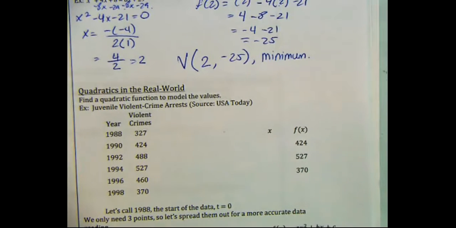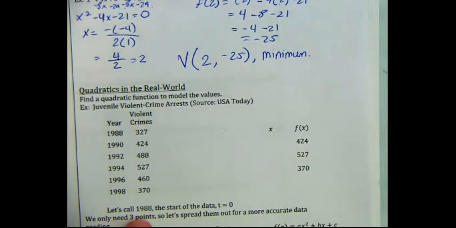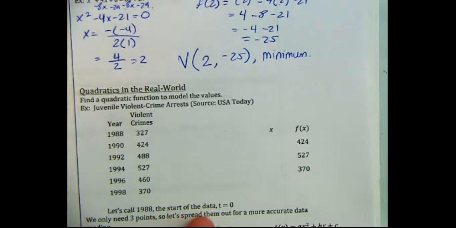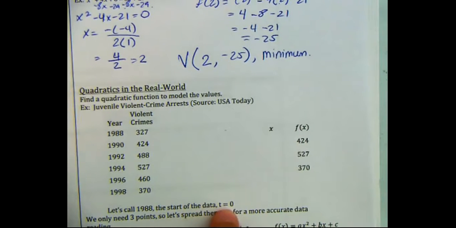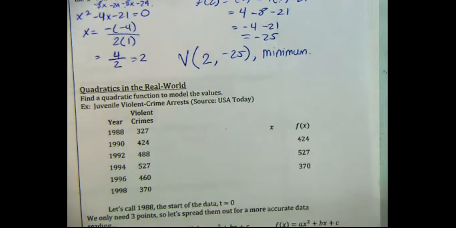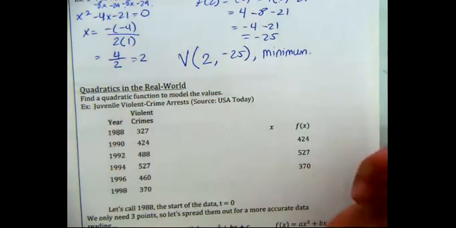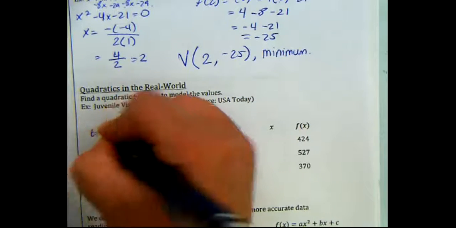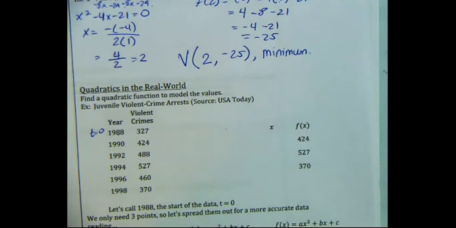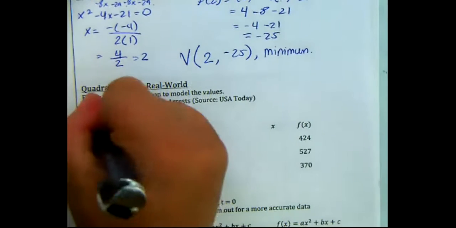If we continue reading, it says, let's call 1988 the start of the data at t equals 0. So we're saying that at 1988, our t equals 0, aka our x would equal 0.